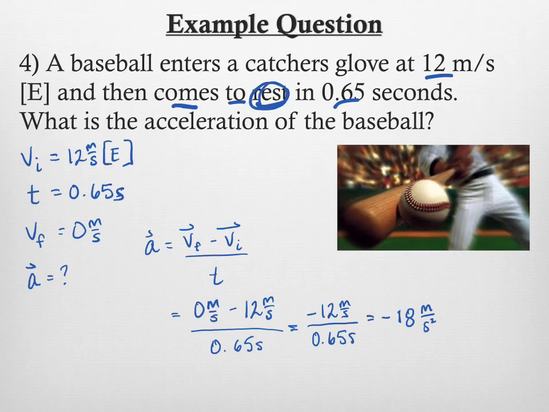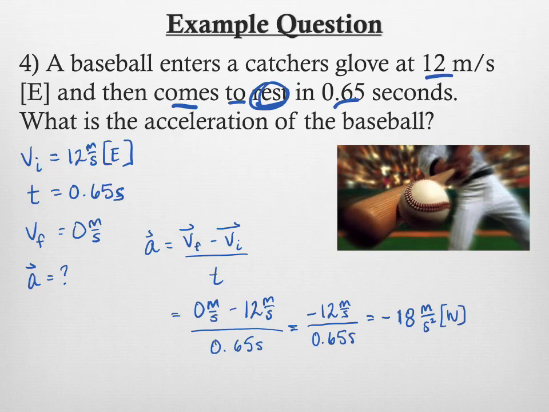Here's the question though, direction. So as I said before, if you put in the correct signs, like positives or negatives, into this acceleration formula, it will usually give you what direction it's going in as part of the answer. Here it gave us a negative answer. So what does that mean for the direction of the acceleration of the baseball? It means it's going west, not east, right? Because it's negative.